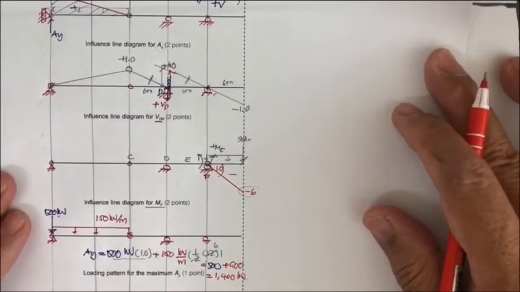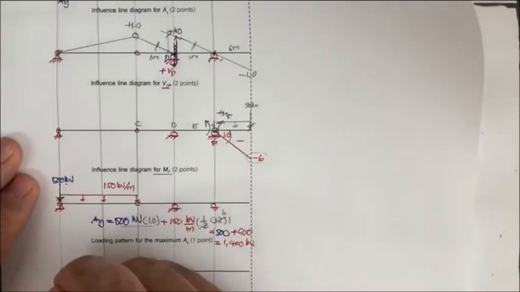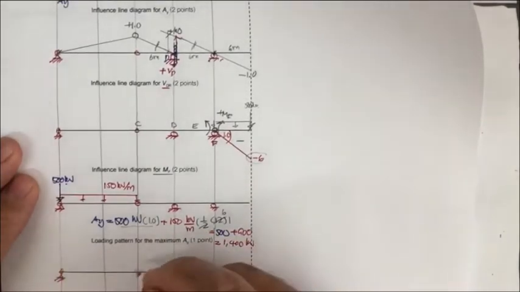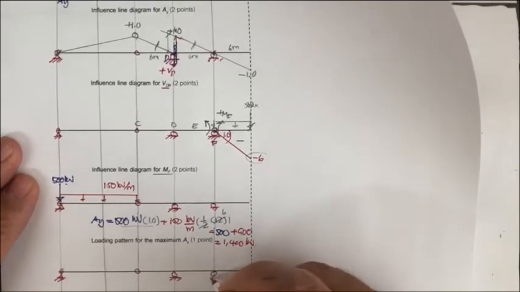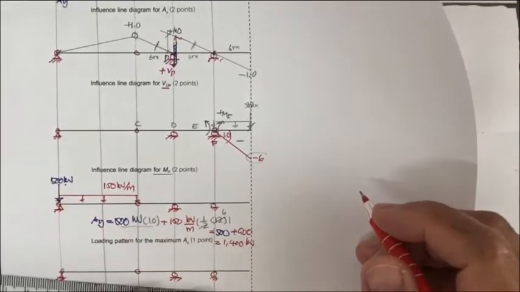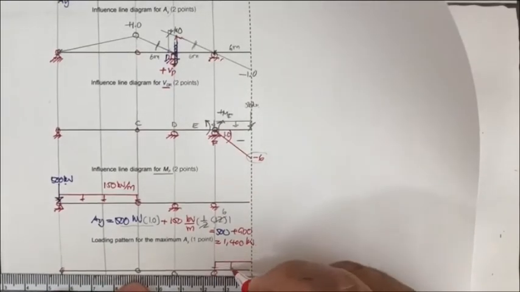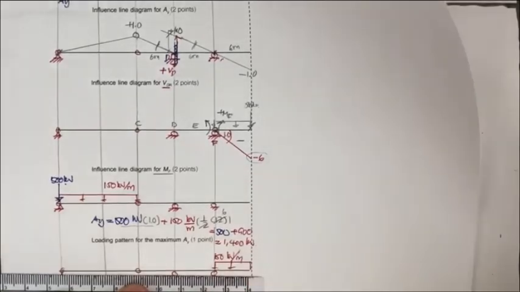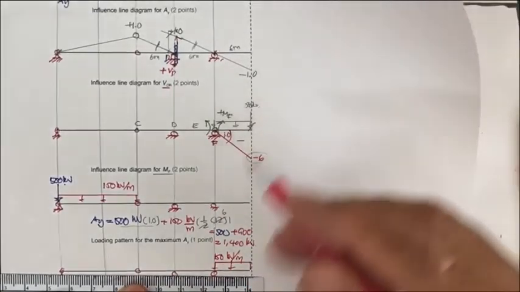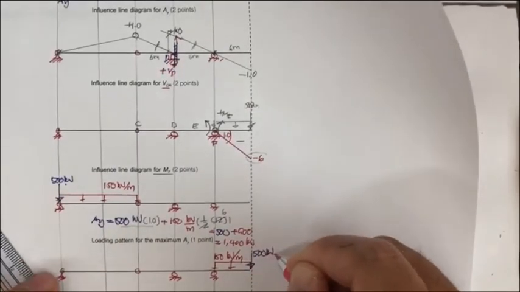Okay. And next for this one, we just put this one as the pin, hinge, roller, and roller, and then we put the uniformly distributed load 150 kilonewton per meter here, and the point load of 500 kilonewton.